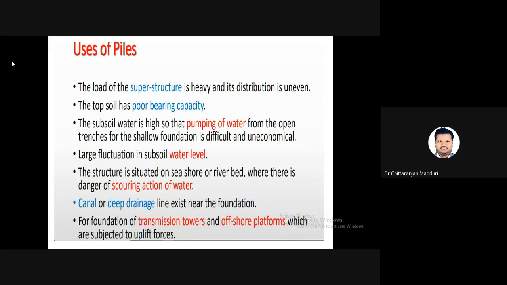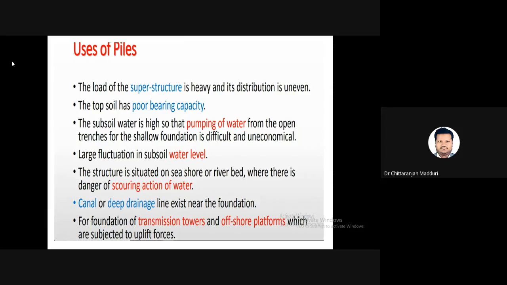Next, large fluctuation in subsoil water level. Sometimes the water table may be at the top level, sometimes the water level may decrease to a significant depth. In such a situation, we can go for pile foundations. Next one is when the structure is situated on a seashore or riverbed where there is a danger of scouring action of water.